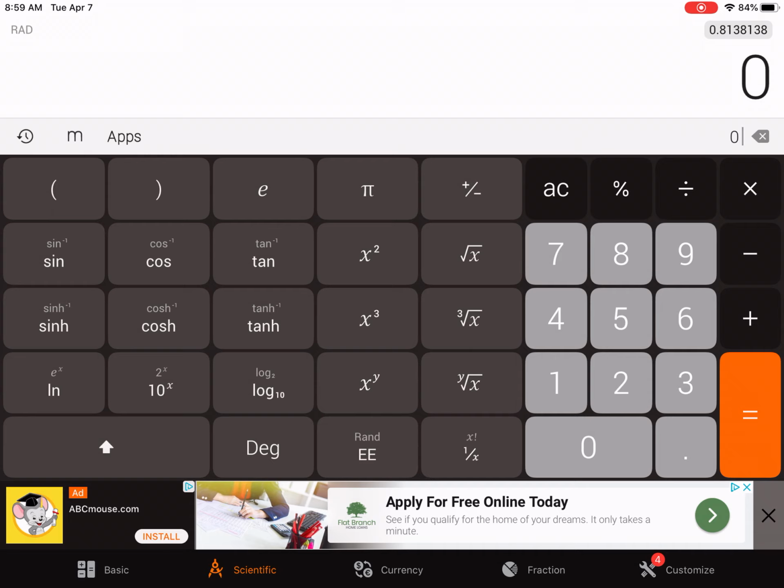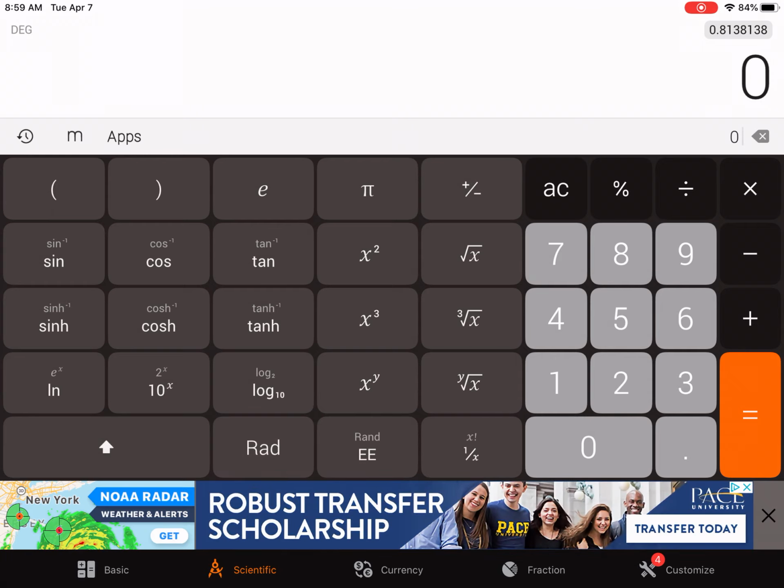So I'm going to tap on that. Notice up in the top left, it changes to DEG. Now my calculator is currently in degree mode. This is what it looked like first. If I hit the RAD button, I'll go back to that. And now it says RAD up there, meaning radians.